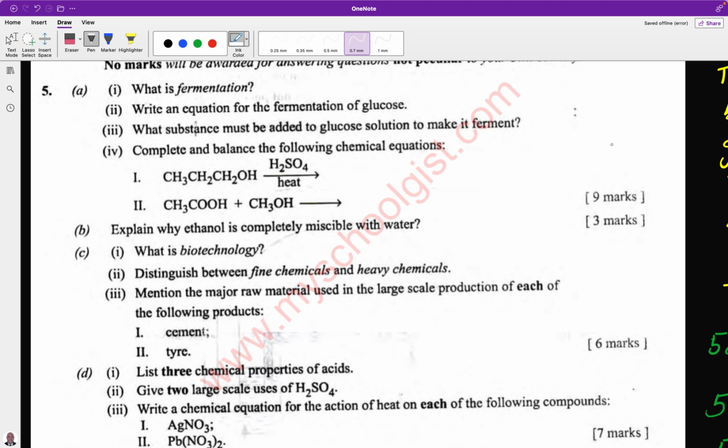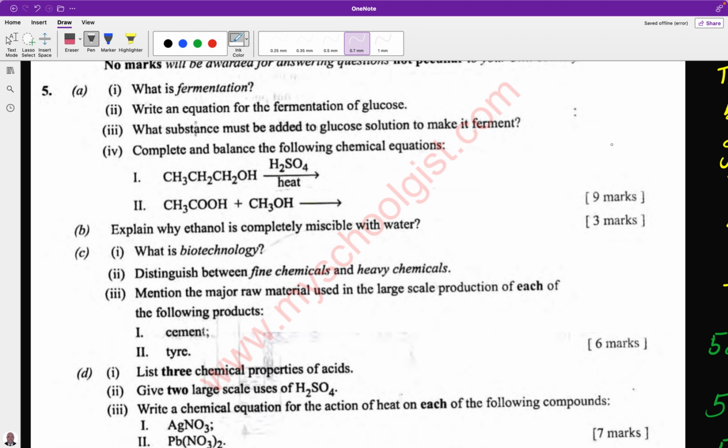You can say propanol, that's propan-1-ol. Propan-1-ol with concentrated sulfuric acid, undergoing heating. What will be the product?